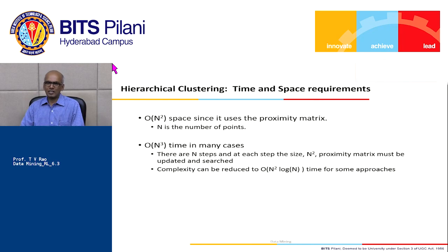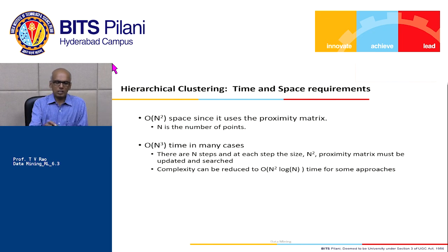Hierarchical clustering can at best take the order of n square if there are n points, because it has to calculate the proximity matrix. But considering that it needs to do multiple iterations and calculate the proximity matrix every time, it may have a complexity of the order of n cube rather than n square.